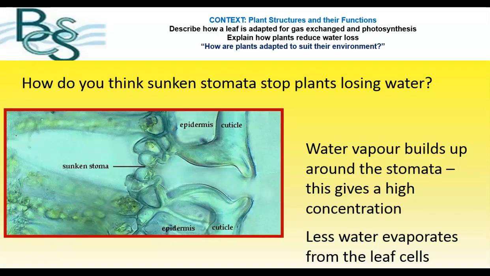What that means is that when water evaporates from the spongy mesophyll cells into the airspace, which is where it's written sunken stomata, we get a build-up of water vapour. That water vapour will diffuse out through those stomata, but it stays trapped in that little region between the epidermal cells, which means that less water is going to evaporate and move out of the leaf.